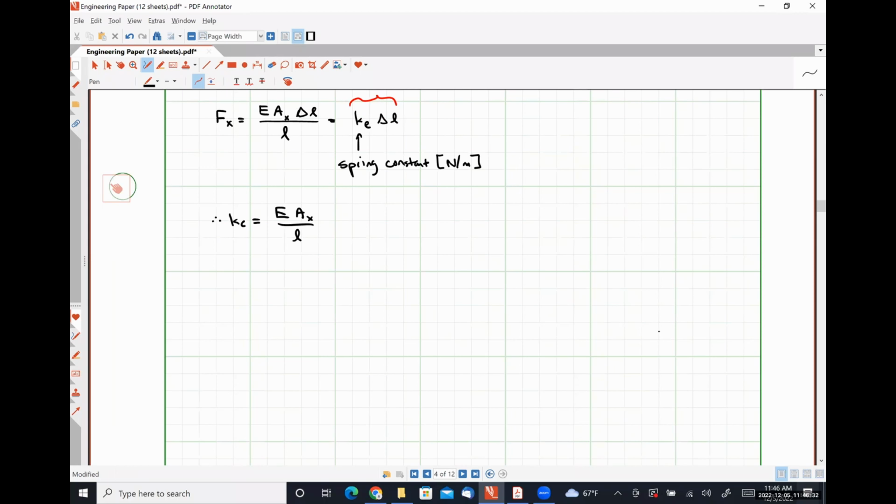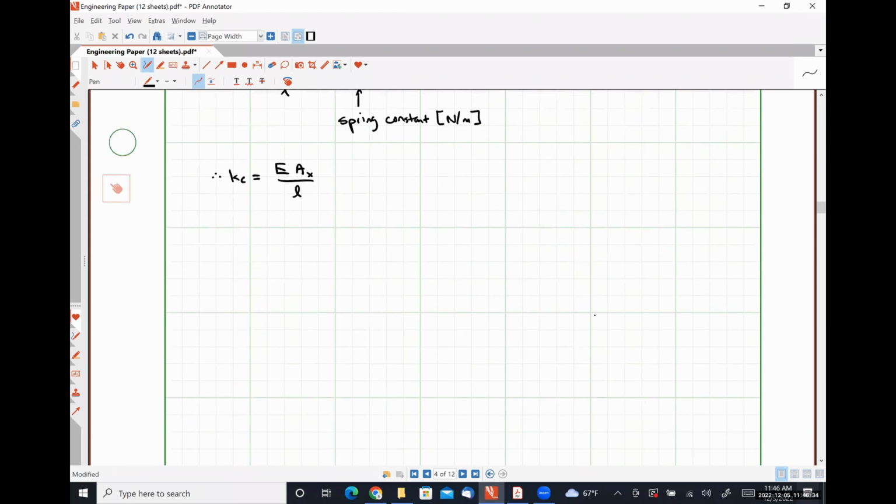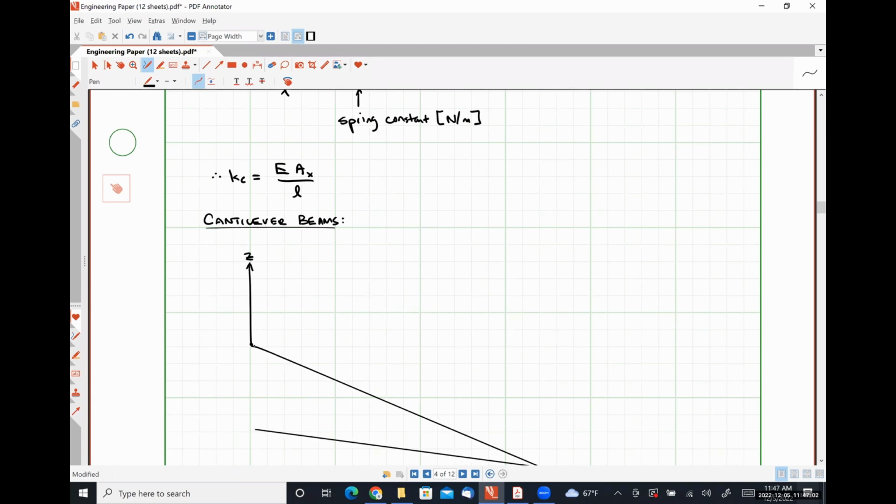Okay, cantilever beams. Math is going to be a little bit more of a pain on this one. So a cantilever beam spring is simply a spring that's undergoing shearing stress. Here's our Z direction.